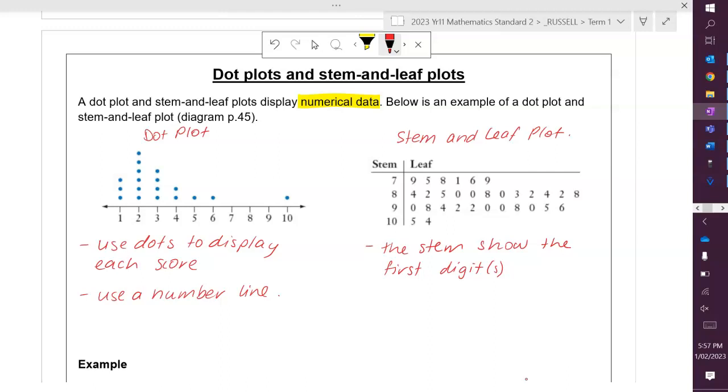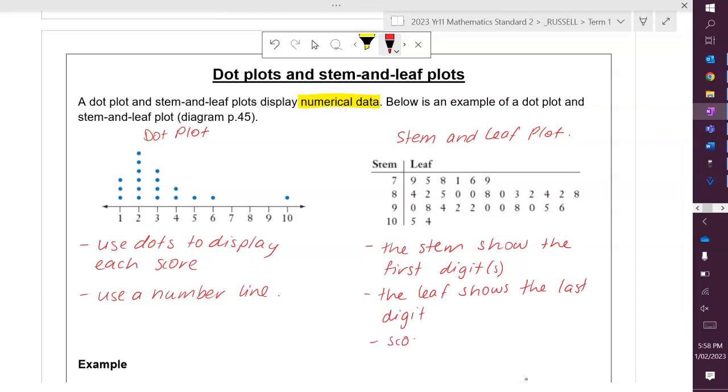But if we go up into the hundreds or thousands, then that is going to be 2 digits, or even if we have a decimal point. Now, the leaf is only ever 1 digit. Sorry, the last digit. So the leaf only ever has 1 digit in it.